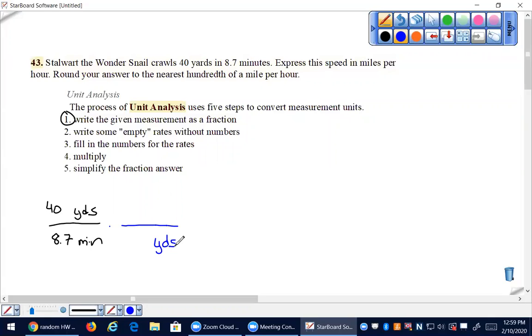This time, just to be different, since I'm doing it anyway, I'm going to pretend I don't. I only know there's 5,280 feet in a mile. So I'll go from yards to feet, and then I will go from feet to miles. Then I don't have to memorize 2 things on the day of the final. So there's 3 feet in a yard and 5,280 feet in a mile.